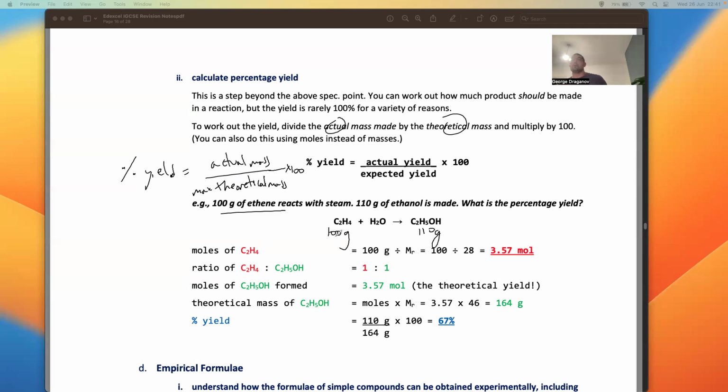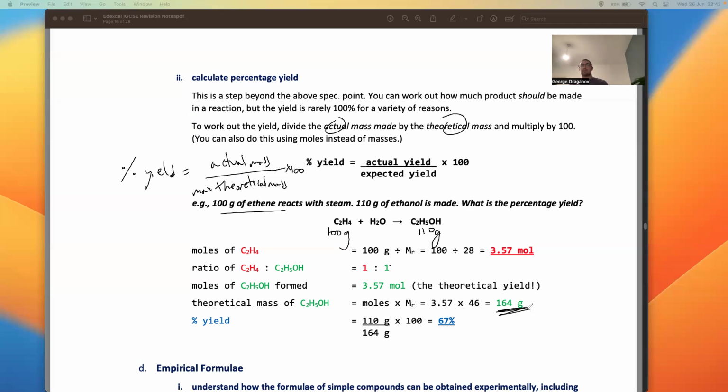You do moles by doing 100 over the MR of this, which is 28, and you get 3.57. You look at the ratio as 1 to 1, which means there's no need to change the 3.57, because this must also be 3.57. Then you find mass by doing moles times MR, so 3.57 times ethanol, which is 46, 12 times 2 plus 6 times 1 plus 16, and you get 164.